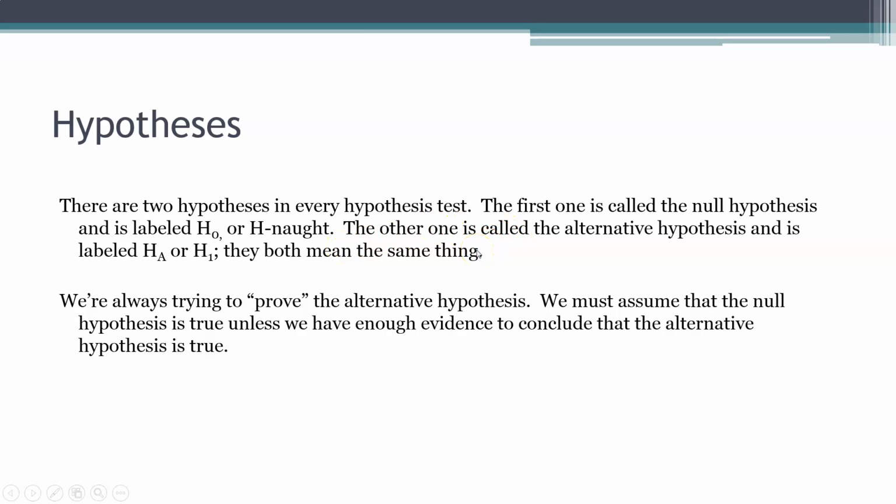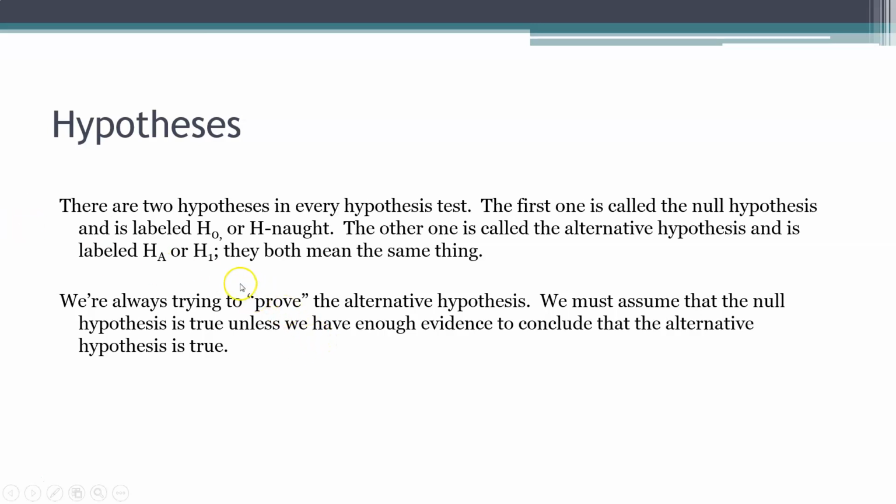The other one is called the alternative hypothesis, sometimes called the research hypothesis. And it's labeled either HA or H1. And different textbooks use HA versus H1. We'll go back and forth between them, and there's no rhyme or reason as to which one we'll choose at a given moment. So it totally doesn't matter. You can use either one.